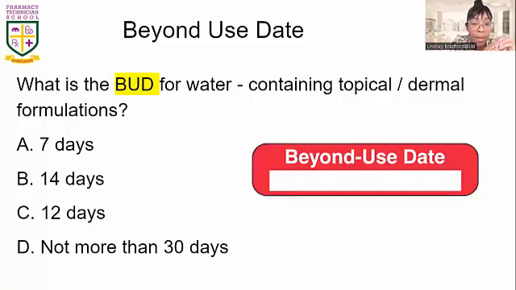But when you think about a beyond use date, it is different from, it is not the expiration date, right? The expiration date is given by the manufacturer. The beyond use date is given by the compounder. Okay.